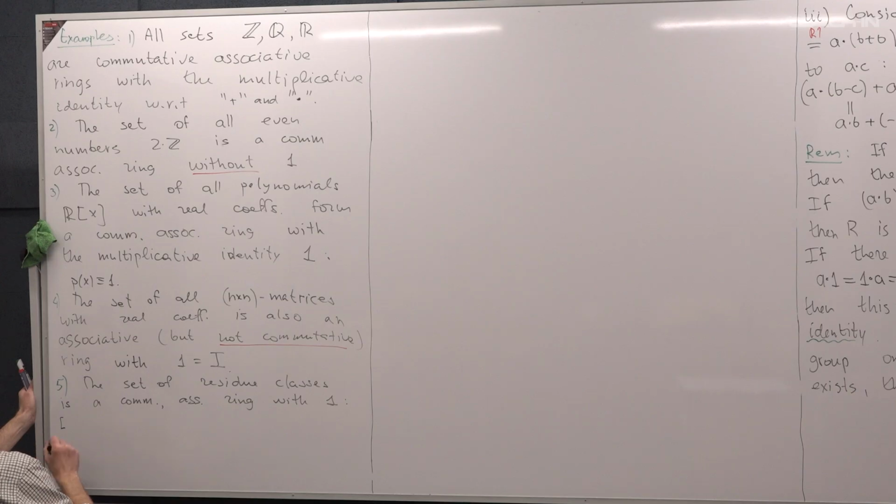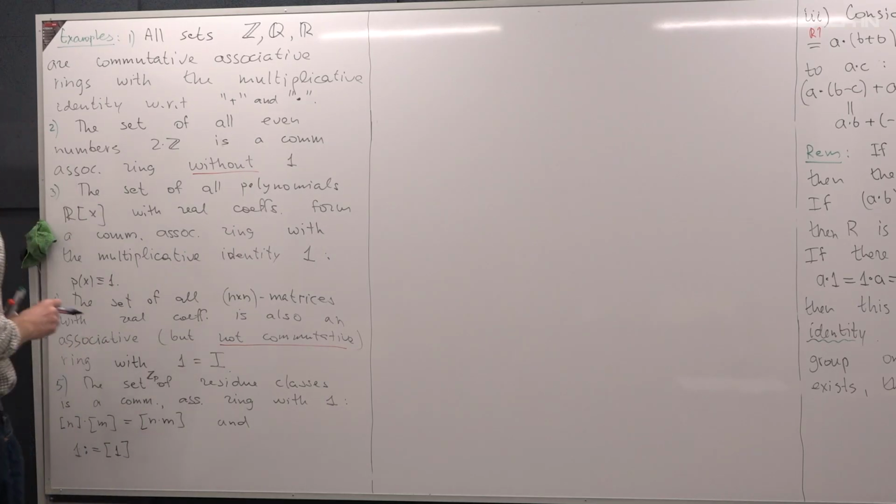So how to multiply the classes of residues, the set Z_p. We define the multiplication exactly in the same way as we defined the addition. So this is the class of the element n multiplied by m, and this definition is also independent of the choice of the representatives in these classes. And so obviously this operation is commutative, associative, and the multiplicative identity is defined as the class of element 1. So obviously it satisfies the definition.